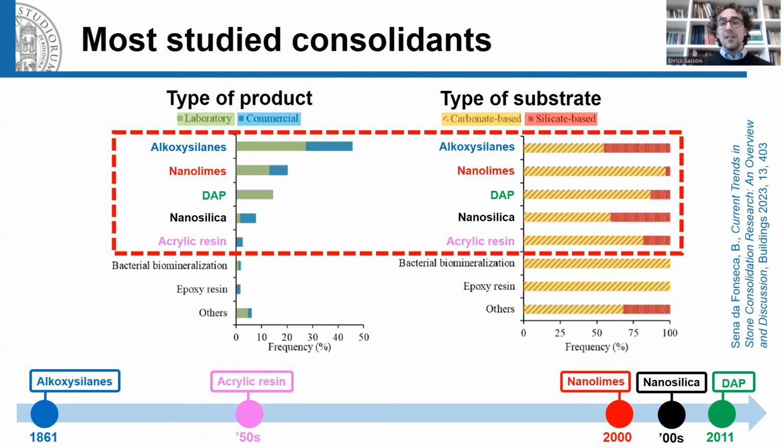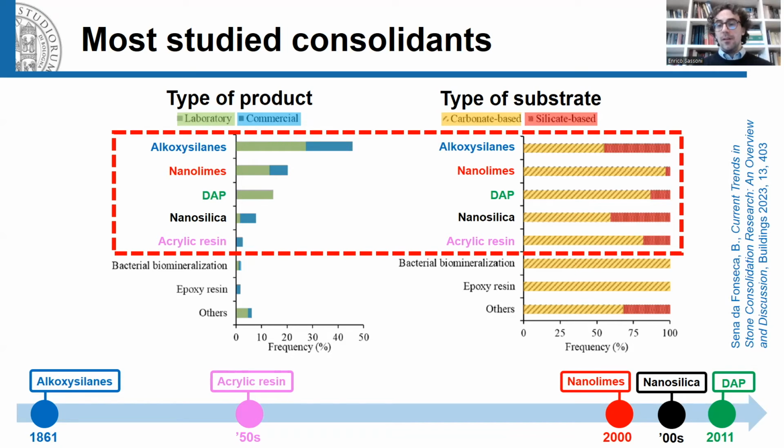As you can see in this slide, research is still ongoing, especially on carbonate substrates, highlighted in yellow in this part of the slide, while studies on silicate stones are more limited. Why? Because in the case of silicate substrates, such as sandstones, there exists a class of consolidants that we will see next, which is really effective, so it has a good performance.